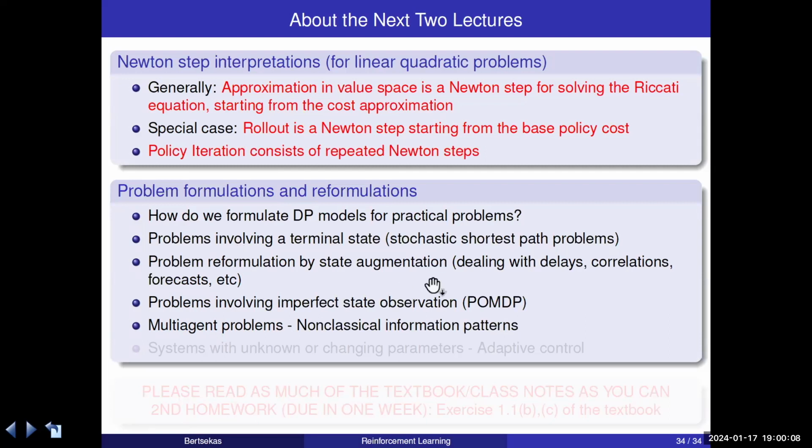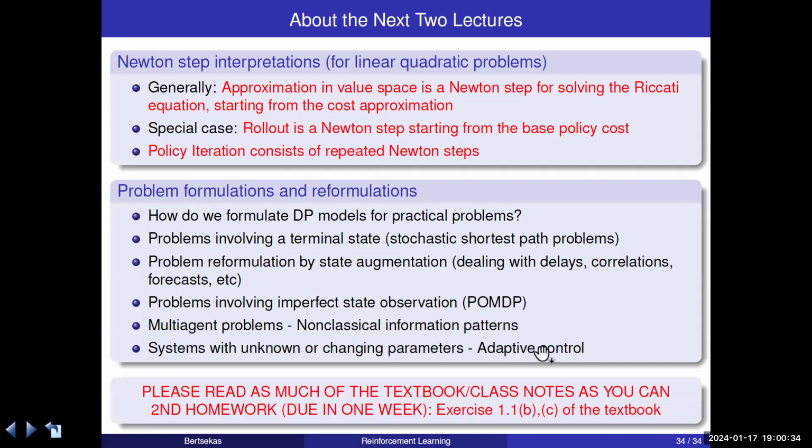So it's going to be a very vast space of controls. And how do we deal with the computations associated with that? And we're going to talk also about adaptive control, as well as model predictive control for systems with unknown and changing parameters. So it's going to be an overview of the applications and the playing field.